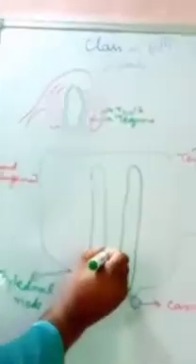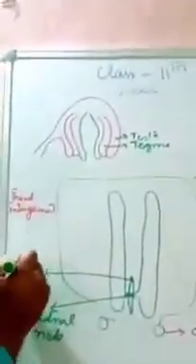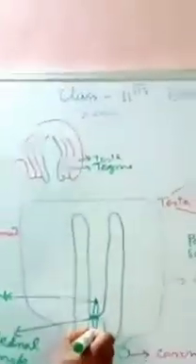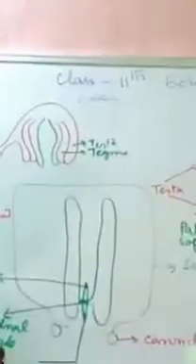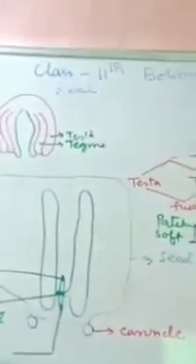Now the part present towards the chalazal end gives rise to the plumule, and the part found towards the micropylar end gives rise to the radicle. The plumule gives rise to the stem, and the radicle gives rise to the root.